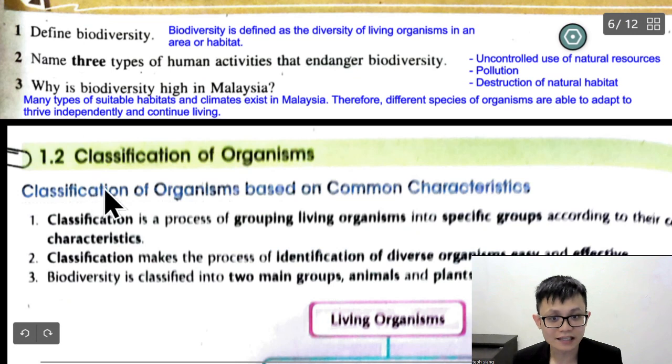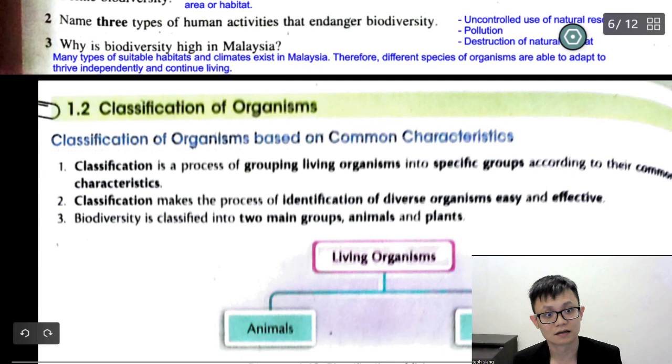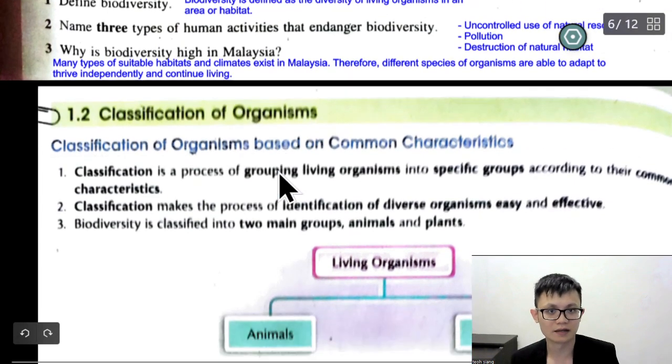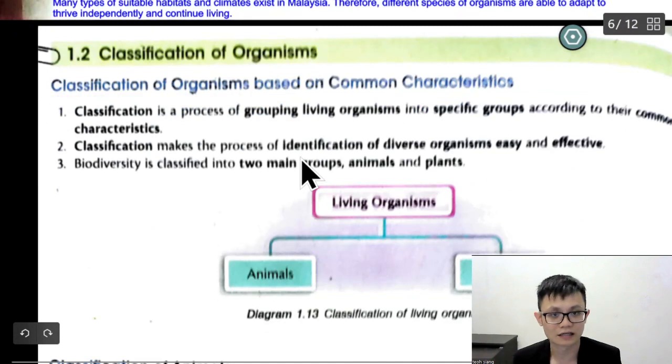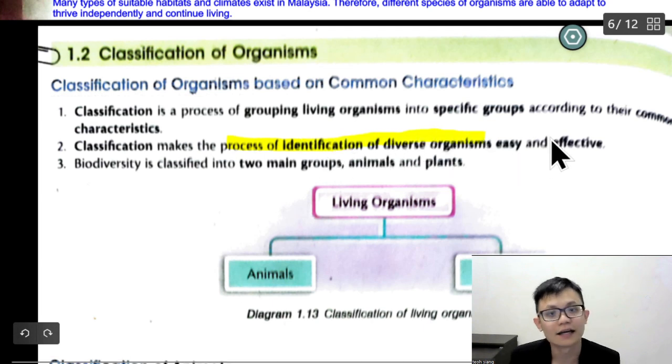Okay, classification of organisms. How do we want to classify them? First, we want to know why we want to classify the animals or the plants. Why do you need to classify them? Classification is important for the process of identification of diverse organisms. Correct or not?